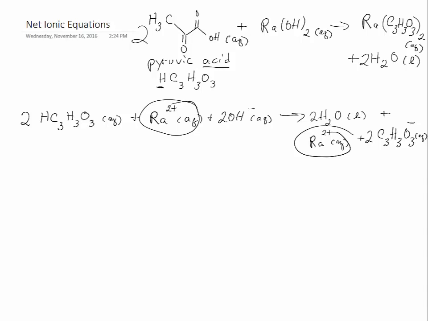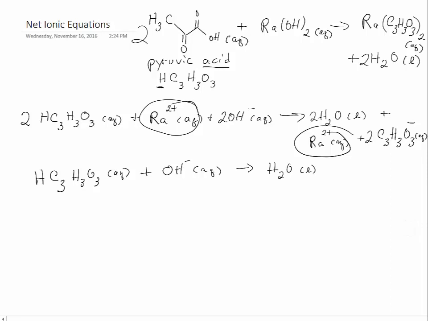Meaning the net ionic equation, because everything else that's left has a 2 as the coefficient, that means that the net ionic equation is simply a pyruvic acid reacting with a hydroxide ion to make water and the pyruvate ion.